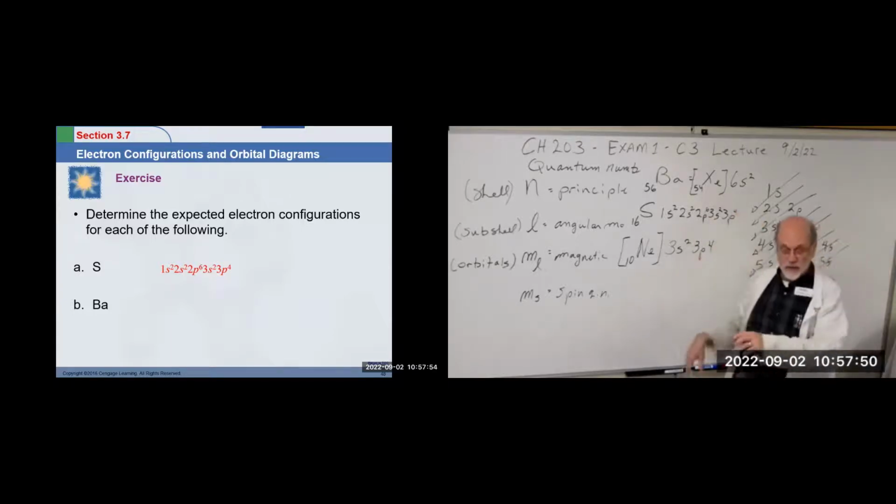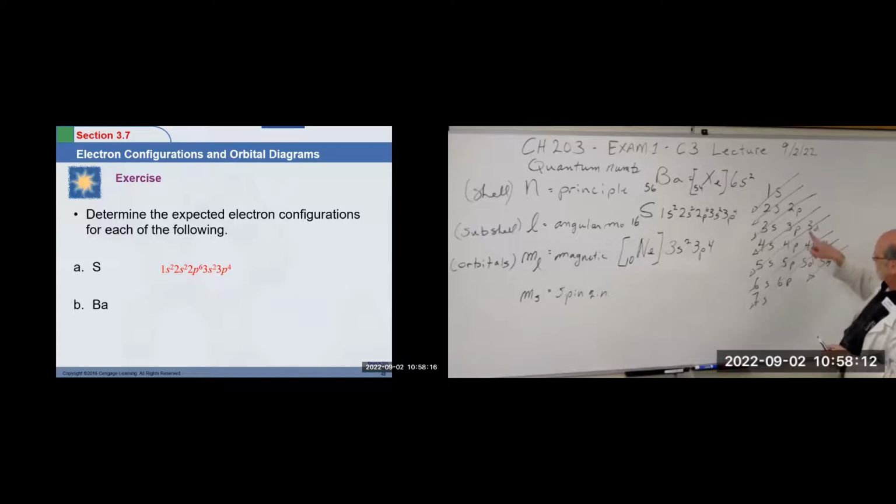We could do barium all the way. We just need to know that when we pass through the first 2, we're filling s orbitals, the 3s's. Then we jump over to aluminum, and that's the 3p's. Go all the way over, and then the 4s's for potassium, calcium. But when you get to the transition metals, notice what happens. You fill the 4s, but you're on the 4th period and you're not going to the 4p's yet. You have to cross over the d's.